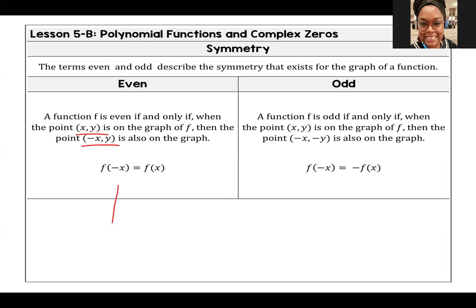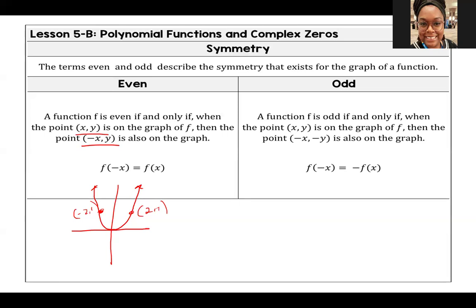So for example, this quadratic here, if I have on this side (-2, 1), that means that I also have on this side (2, 1). Does that make sense? Okay, it's even. It's symmetrically split with the y-axis, okay? That's an even function.